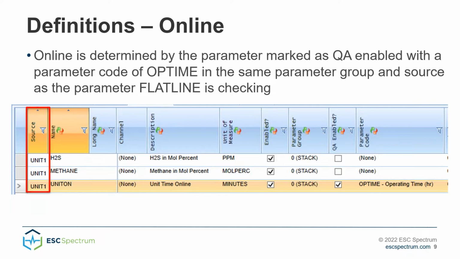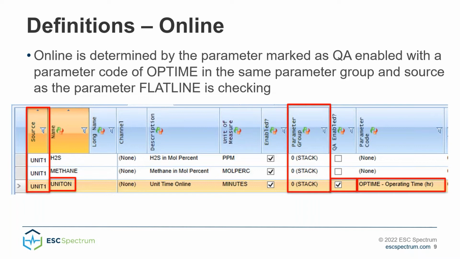In this case, all of these parameters, the H2S and the methane, are on unit 1. You'll see we have this unit on parameter, and this is the parameter that is in the same parameter group as all of the others on the source, is QA enabled, and has the parameter code of uptime. All of these have to be set for this to be the parameter that unit on is based off of.